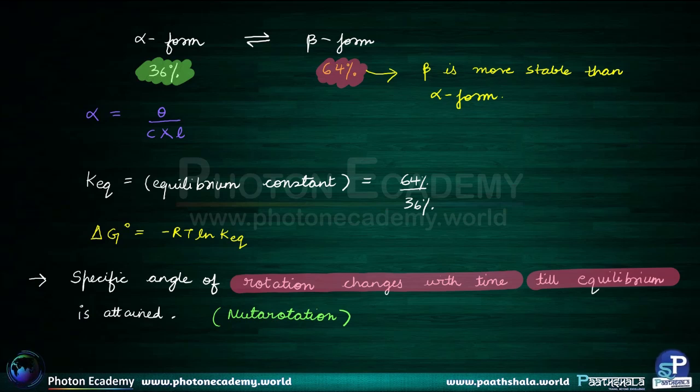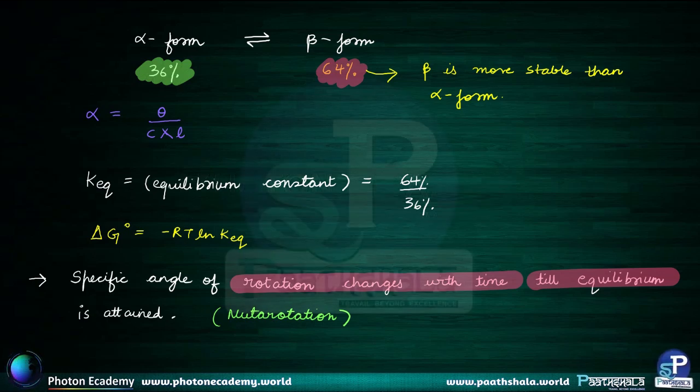Now, I can see here that my theta effective, that is the effective angle of rotation, varies, and at equilibrium the alpha and the beta become constant.